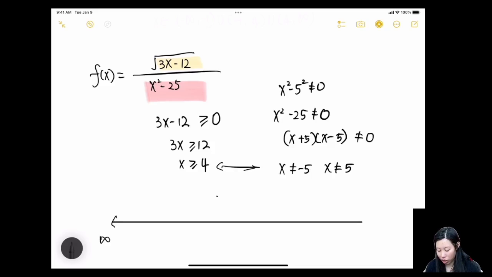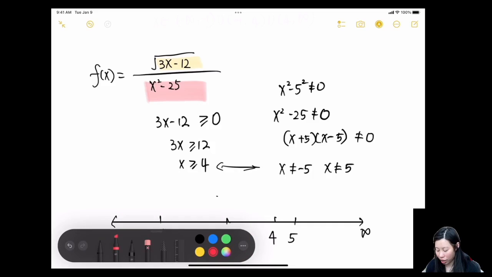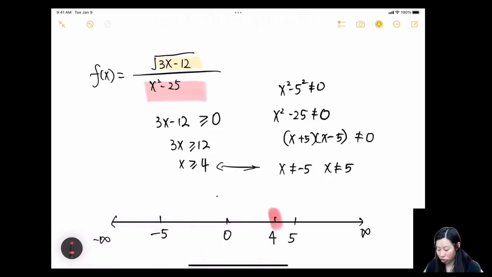So this is number 9, negative infinity to infinity. 0, 5, -5, and 4. From the red part, we know that x can equal 4, and also has to be greater than 4.